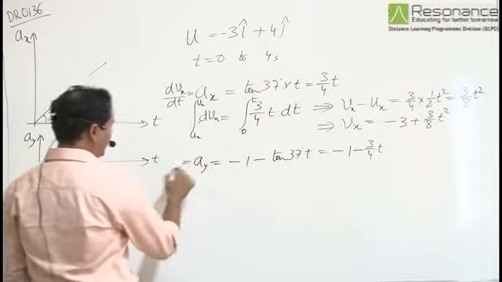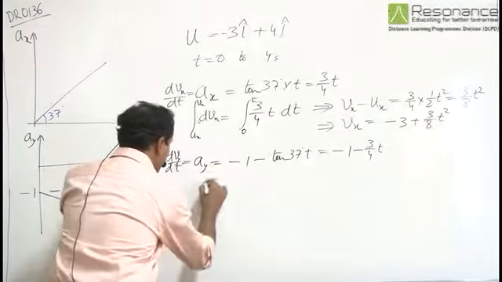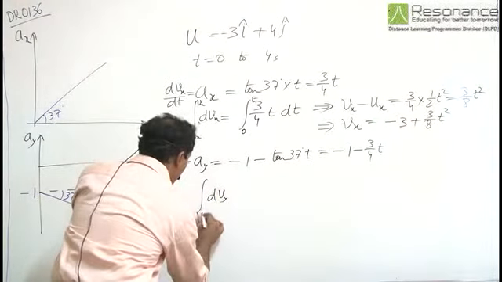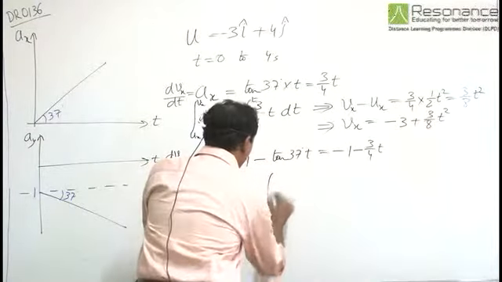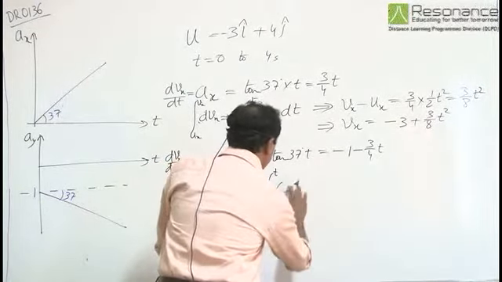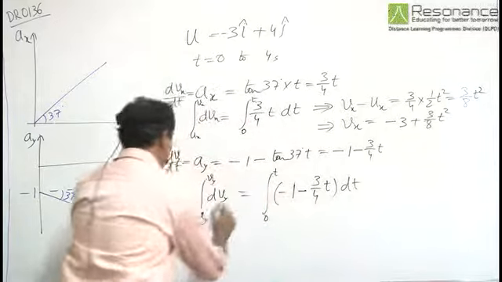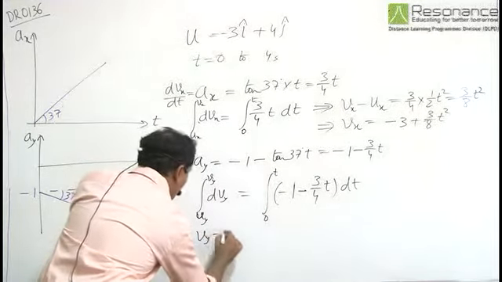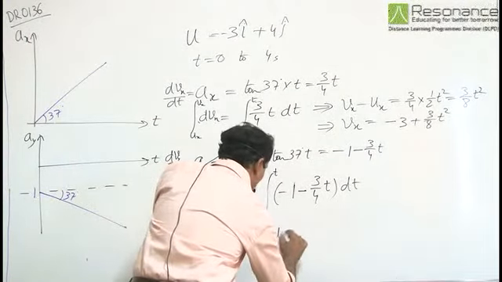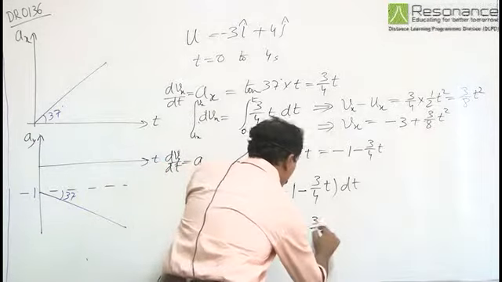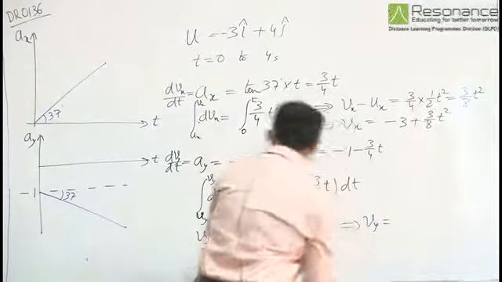Similarly, for the y component, ay is dvy by dt. From there I can write integration of dvy from uy to vy is equal to integration from 0 to t of minus 1 minus 3 by 4 t dt, or vy minus uy is equal to minus 1 into t minus 3 by 8 t square.